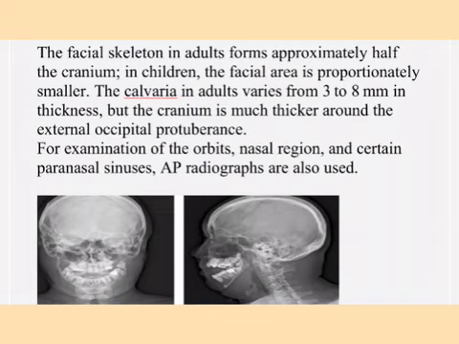You can appreciate all this with medical imaging. For examination of the orbits, as well as the nasal region and certain paranasal sinuses, anteroposterior radiographs are quite useful. Right here is an illustration of an anteroposterior radiograph of the skull, as well as a lateral radiograph of the skull.